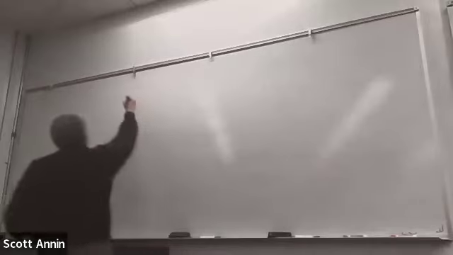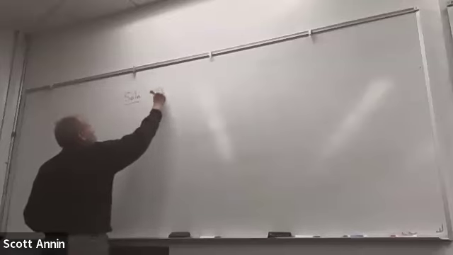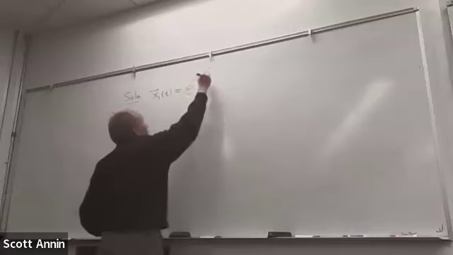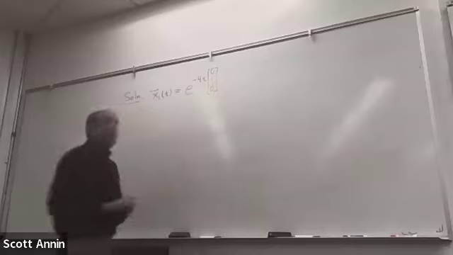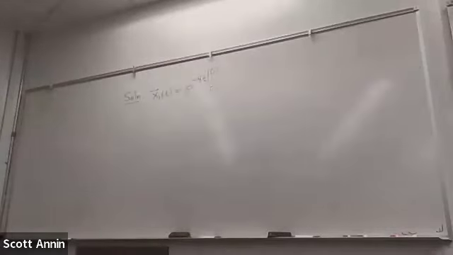For part B, I can make one solution, which I'll call x1 of t, which is just e to the negative 4t times 0, 1, 0. I can literally just write that down. We've already done the work of finding the eigenvalue, eigenvector pair, and we're just writing down the solution in that form now.